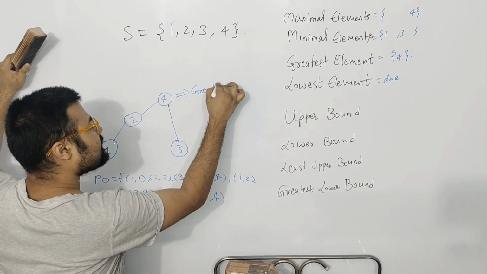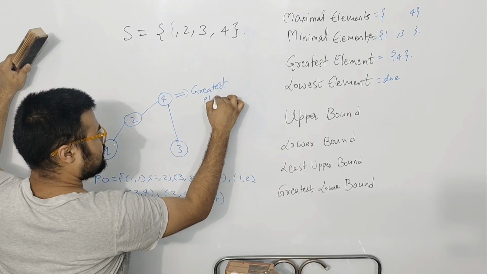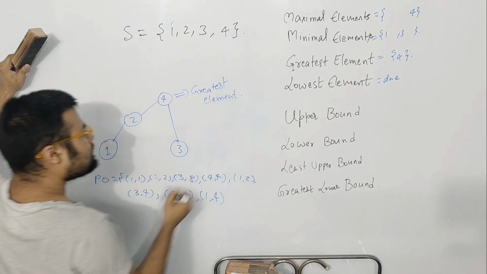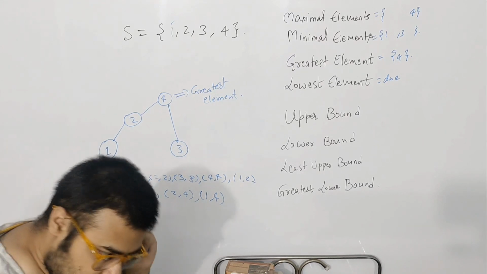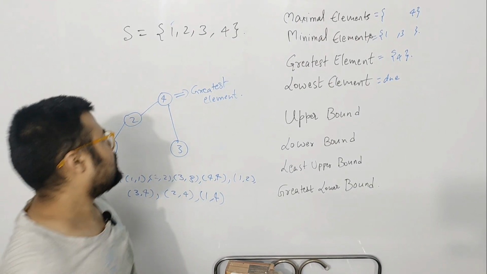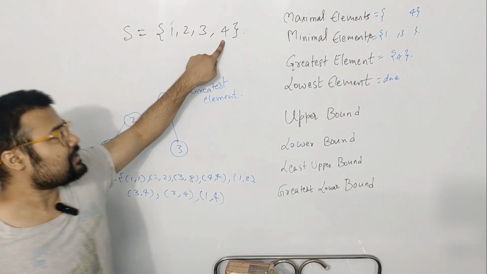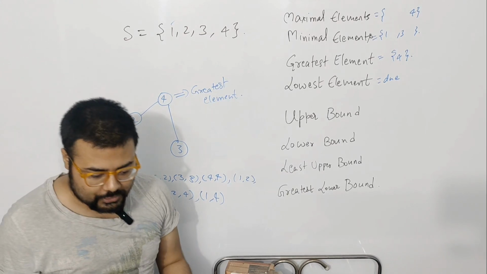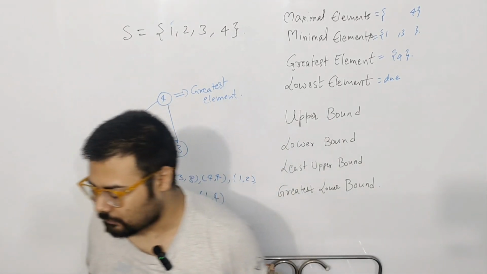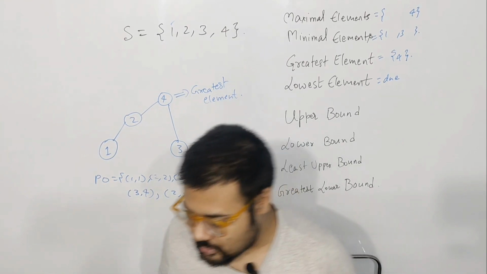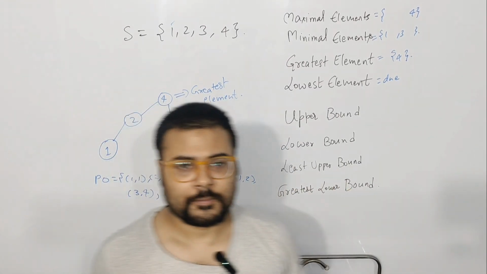Now 4 is your greatest element, which means that your order is bounded from above. Why am I saying bounded? This is a finite set, but your partial order relation may be defined on an infinite set, like a relation defined on integers or on the set of real numbers.